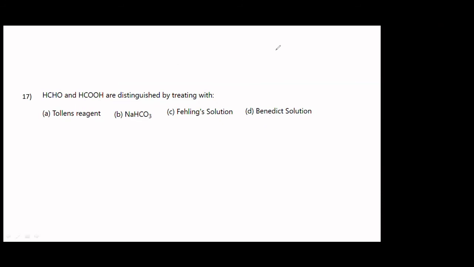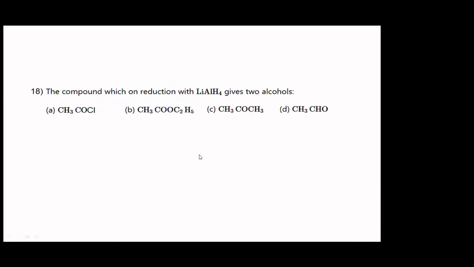Now we shall move on to the next question. This is important: the compound which on reduction with LiAlH4 gives 2 alcohols. The correct answer for the previous one: question number 15 is ketone.